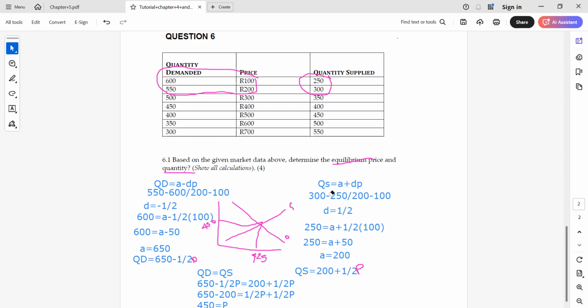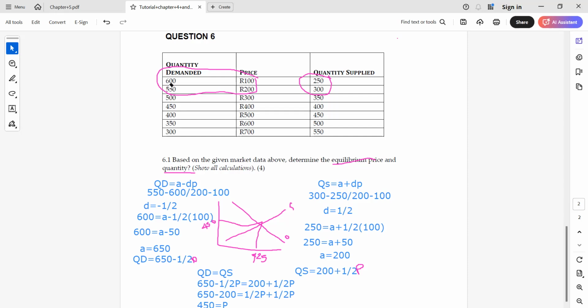Also here we did the same thing. We firstly wanted to formulate the equation for quantity supplied, which is A plus DP. There's a plus here because the supply curve is upward sloping, it is positive.